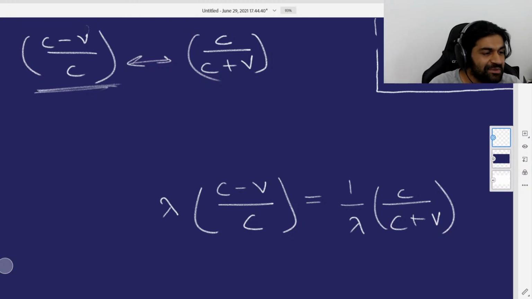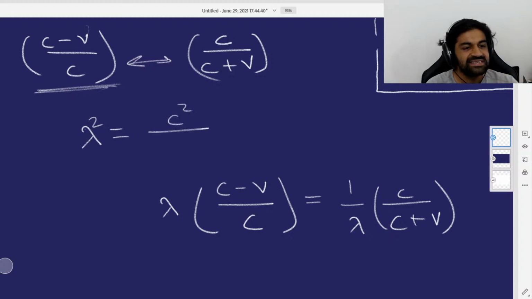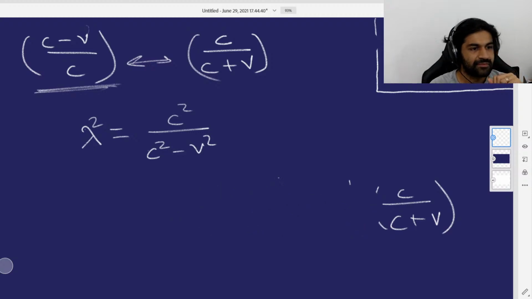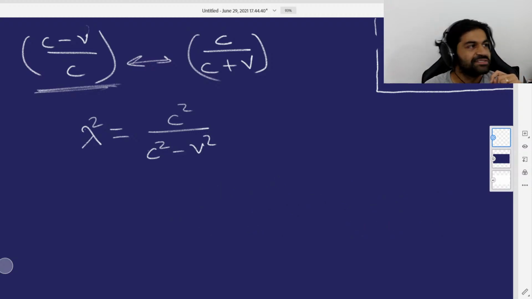And so from here, you immediately see that lambda squared would equal c squared over c minus v times c plus v, which gives you c squared minus v squared. Okay, so now we can solve for our Lorentz factor.